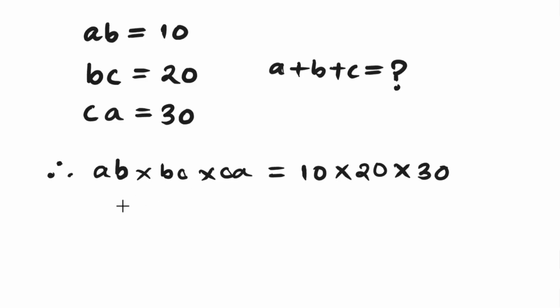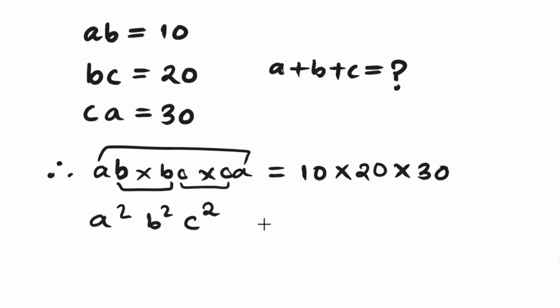On the left side, we simply rearrange the factors, and we get a squared multiplied by b squared multiplied by c squared. On the right side, 10 multiplied by 20 is 200, and 200 multiplied by 30 is 6,000. So we now have a squared multiplied by b squared multiplied by c squared equals 6,000.